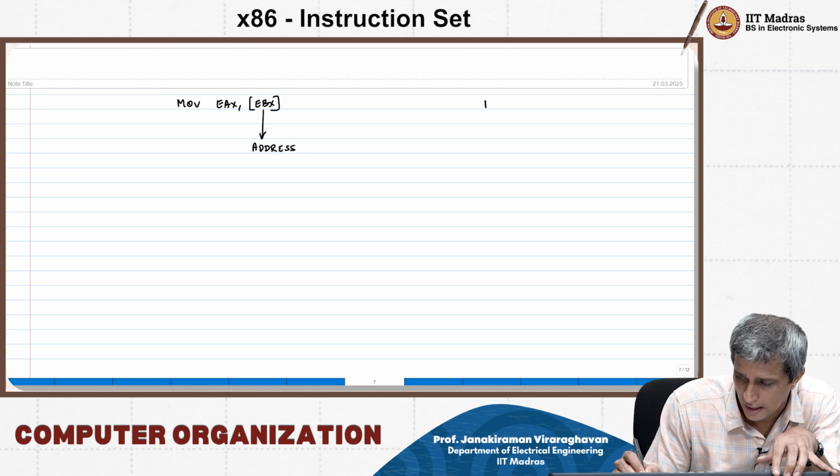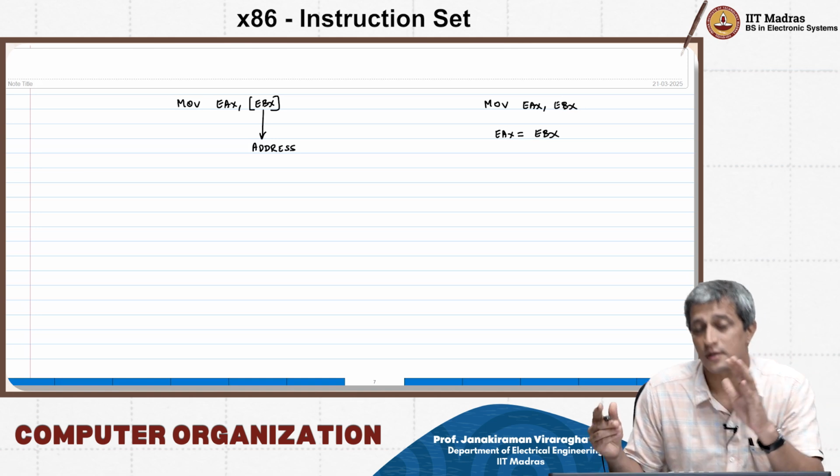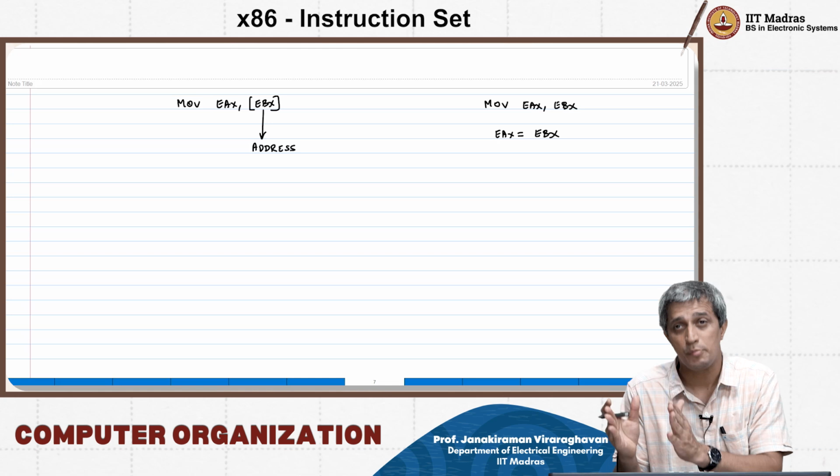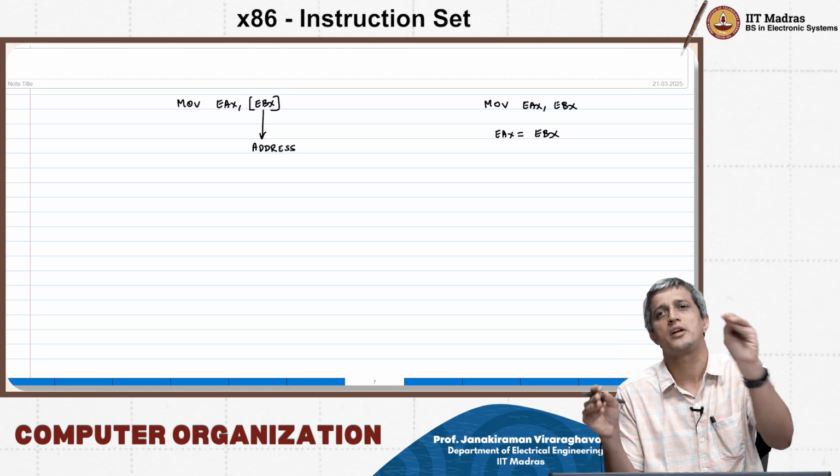On the other hand, when we did MOV EAX, EBX, all we said was EAX equals EBX. That means whatever data was in EBX was treated as data and was simply written into EAX.